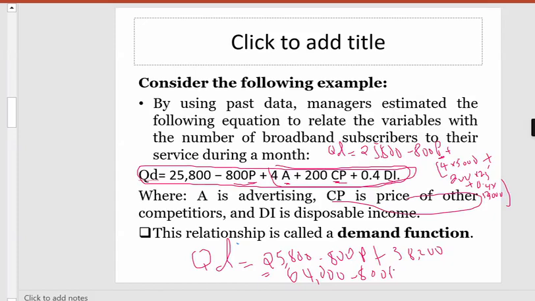This is a demand equation. Sawa? Manake, if you introduce these factors, if you hold this one fixed, how can I say? If you don't hold the other factors, they remain constant.